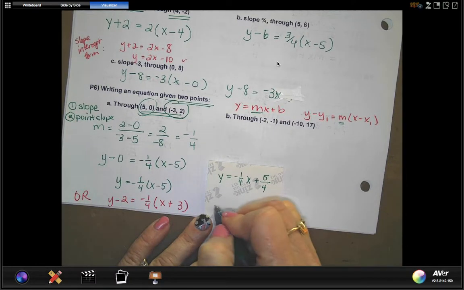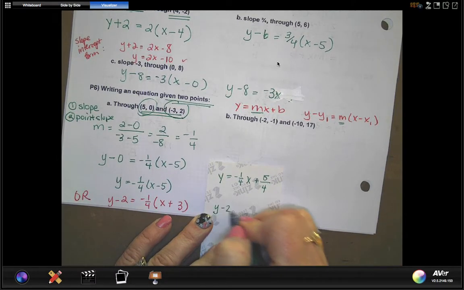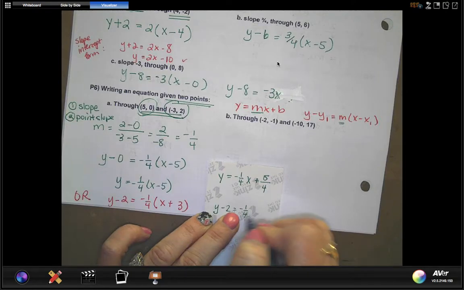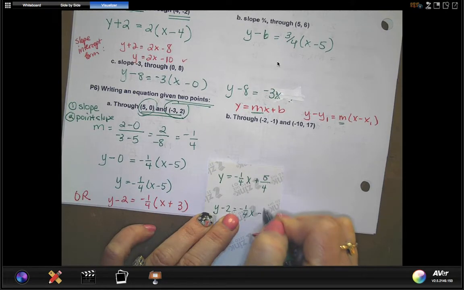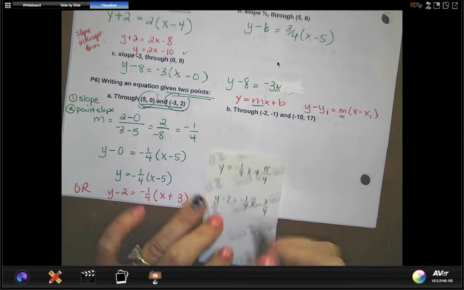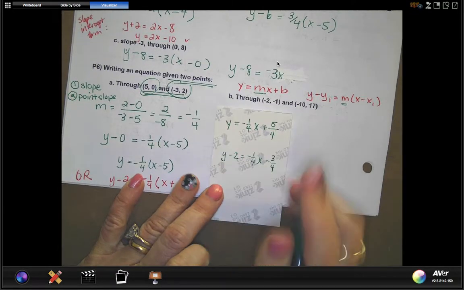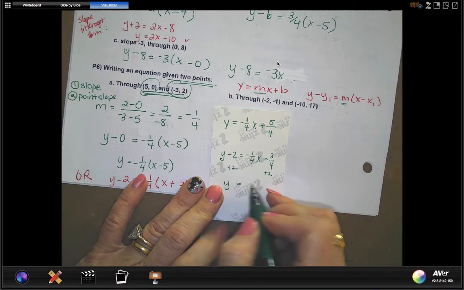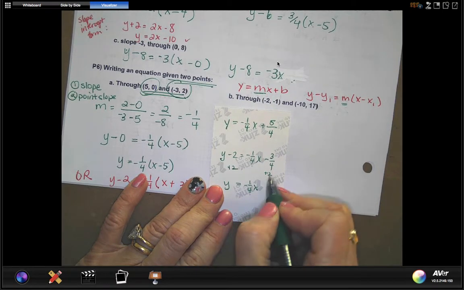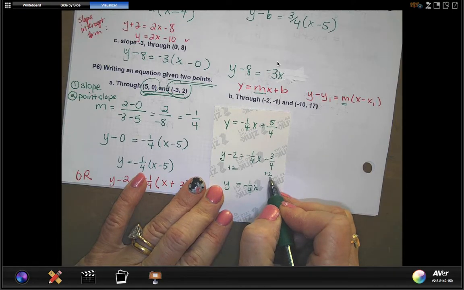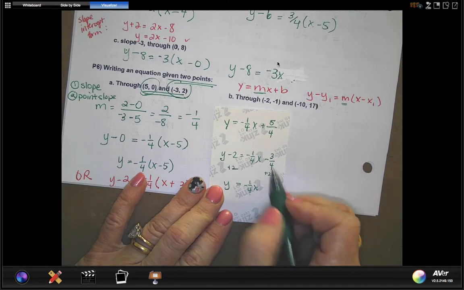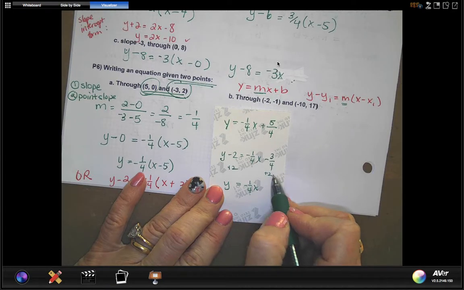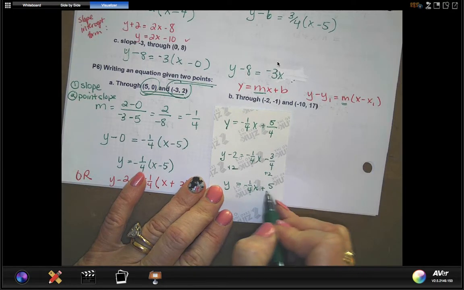Down here, if I distributed the negative 1/4, I have negative 1/4 x, and then I'd have minus 3/4. I would add 2 to both sides. So this is negative 3/4 plus 2. 2 is the same thing as 8/4. So negative 3/4 plus 8/4, I'd get 5/4.